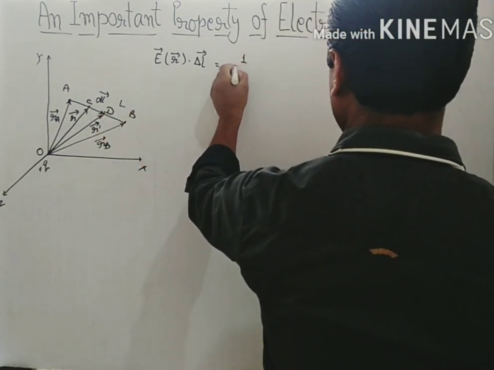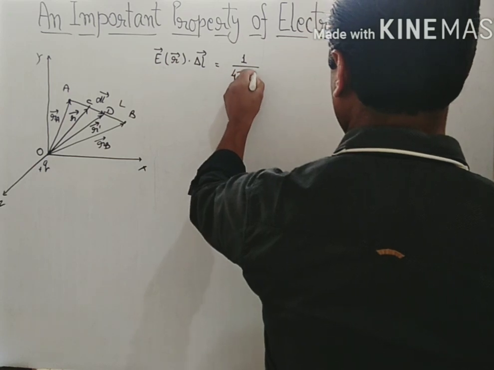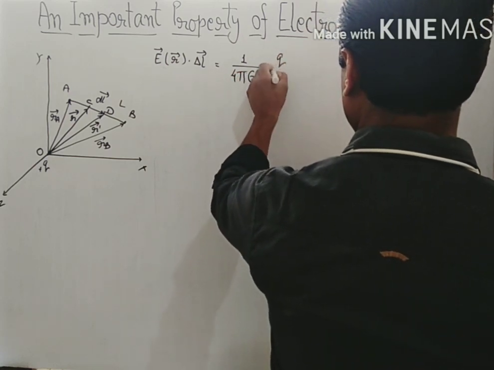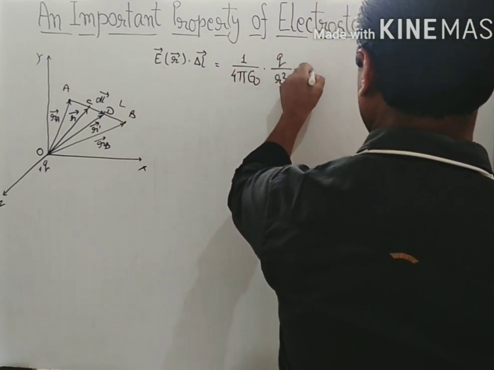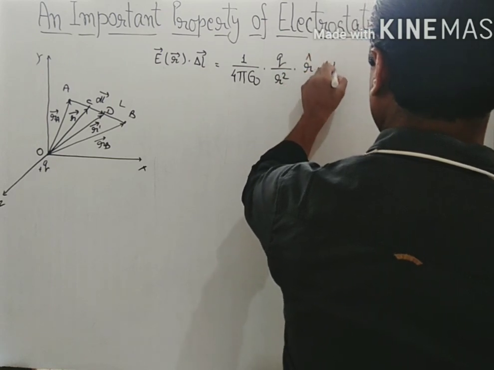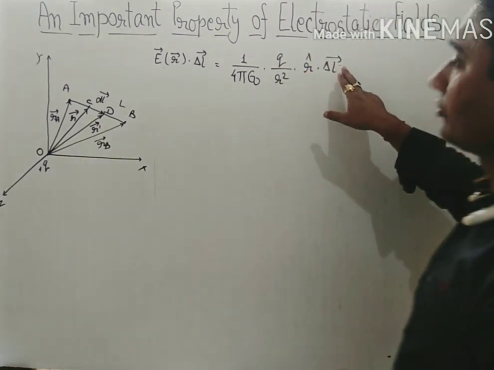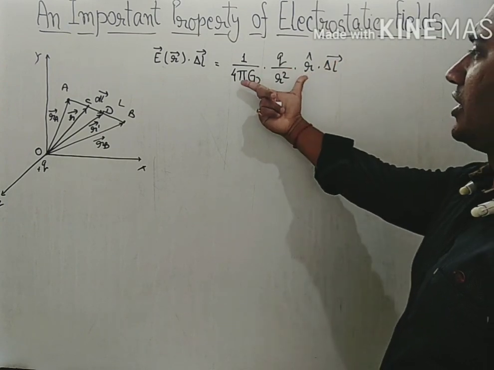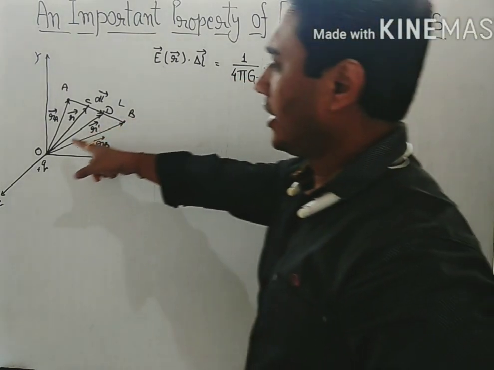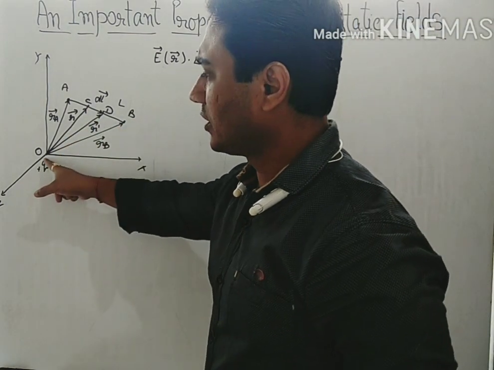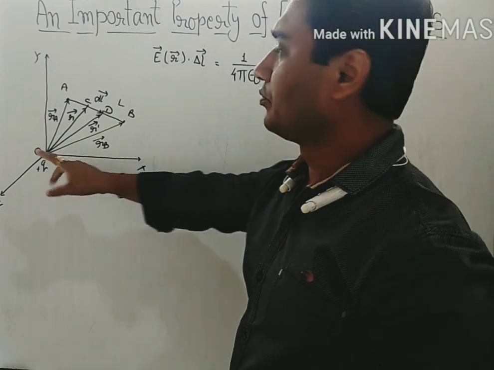So this is 1 upon 4 pi epsilon naught, q by r square, r cap dot delta vector L. This is simply the electrostatic field at distance r from this source charge.